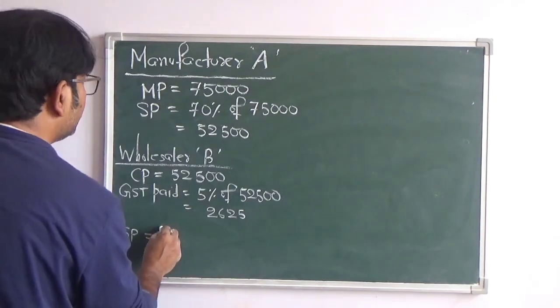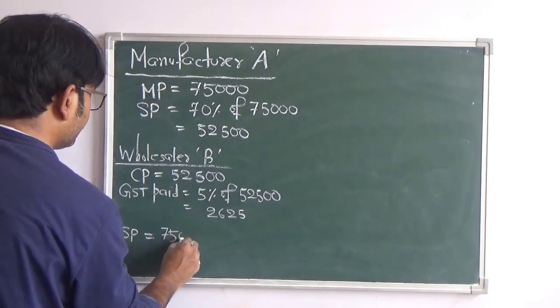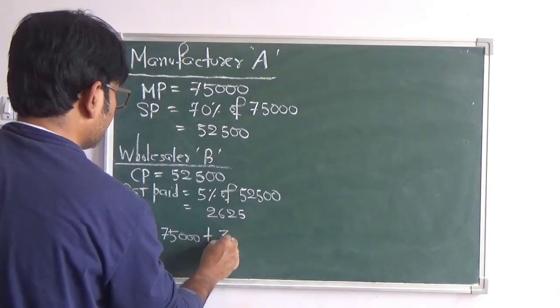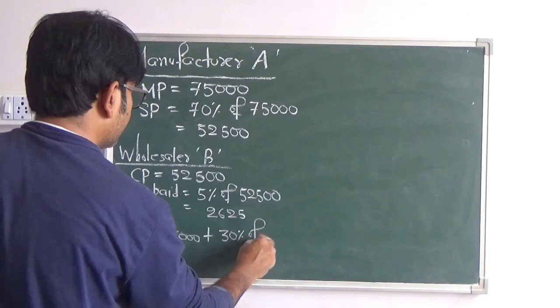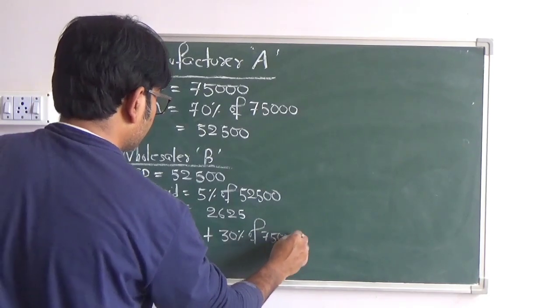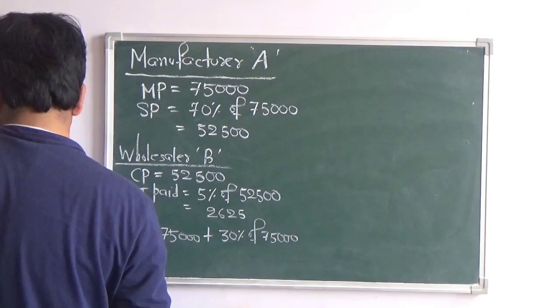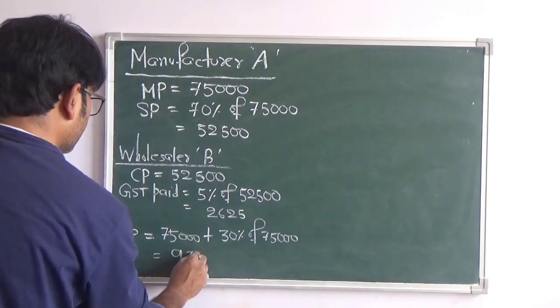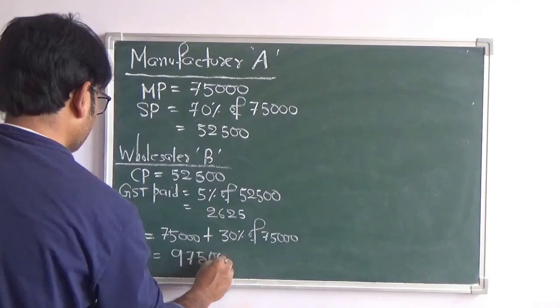Selling price is the value 75,000, and he raises it by 30% of the market price. 30% of 75,000. So this value is coming to, after calculation, 97,500.